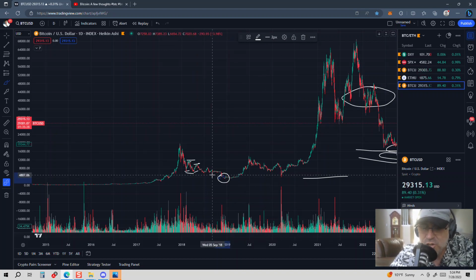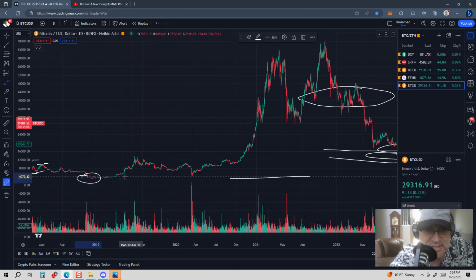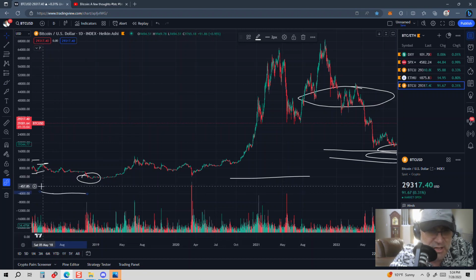But what usually happens, and what is common with all of these schematics, is you have the selling climax in the accumulation range, and then it comes back up. We have the automatic rally, which is what we're in right now, and then that tops off, and that's kind of like a counter trend, and then it comes back down again, mitigates or closes out the liquidity void that the old selling climax hit.